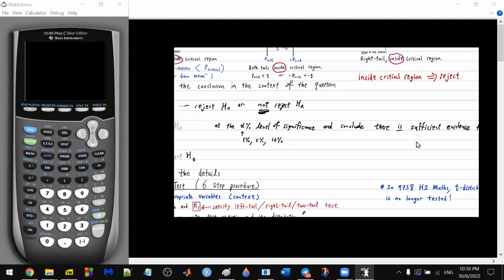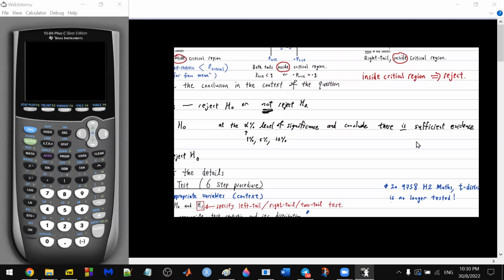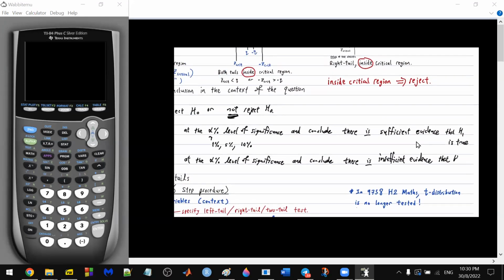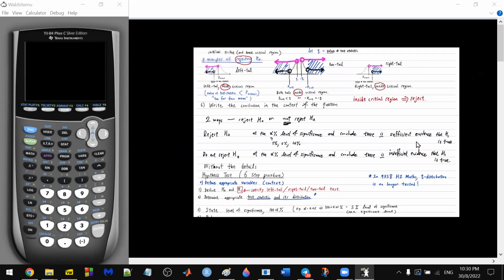Then for not rejecting H naught, it's the exact same thing: at the alpha percent level of significance and conclude there is insufficient evidence that H1 is true. Okay, those are the only two conclusions you can make.